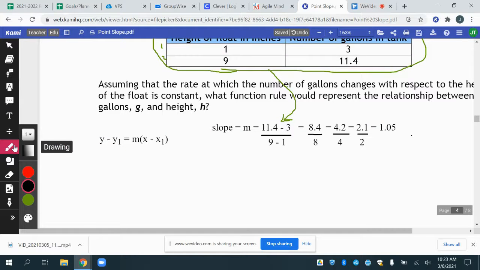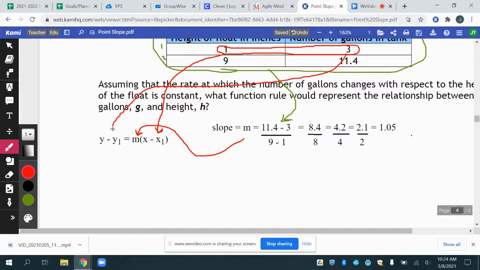I'm going to take this whole thing and put it in for y. I'm also going to pick one of these points. Let's pick the point 1, 3. So I'm going to put this in for x, and that in for y.